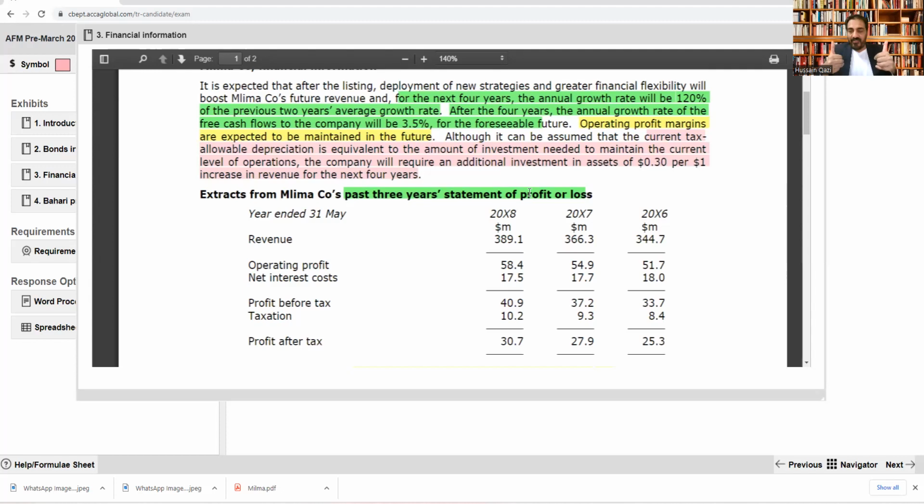By applying the free cash flow method, always in the examination, you need to develop your mindset that we have to work out the value of the company, the value of equity here. So we require the free cash flow for equity.